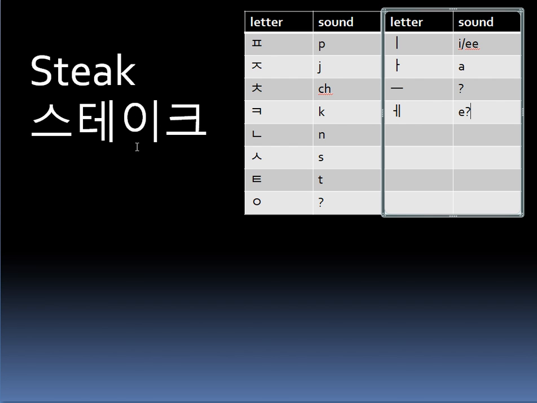Now this is a little bit of a neat explanation. This round thing, this circle, we need more examples, but usually it's a placeholder for a vowel.